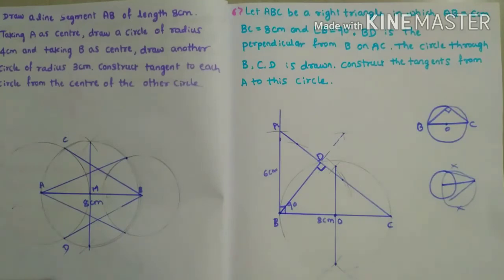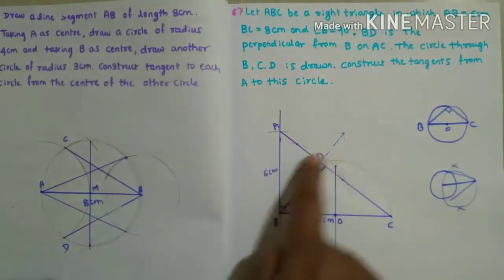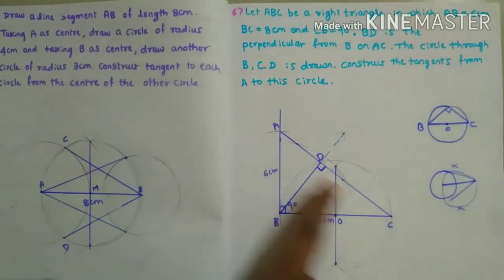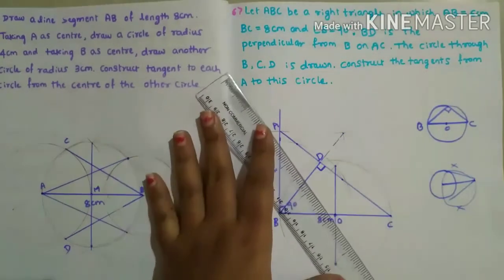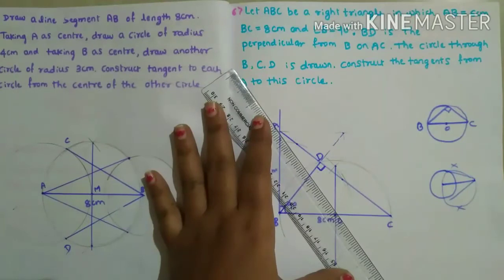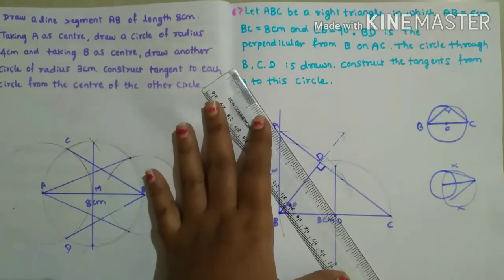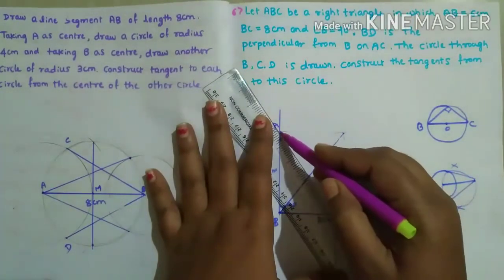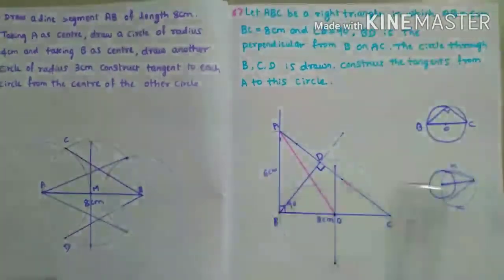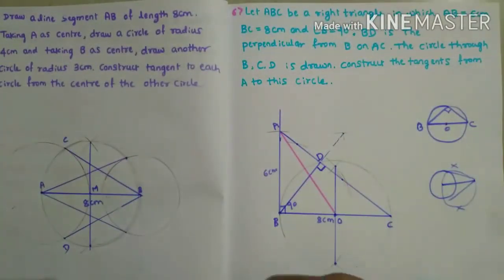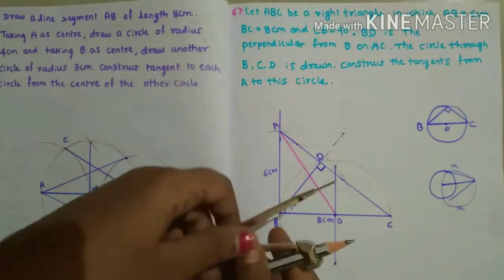So from A to this circle, we have to draw the tangents. For that, from the center to A we have to draw one line here. Now I'll bisect this OA, and we have to draw one more circle, and then you have to draw the tangents.